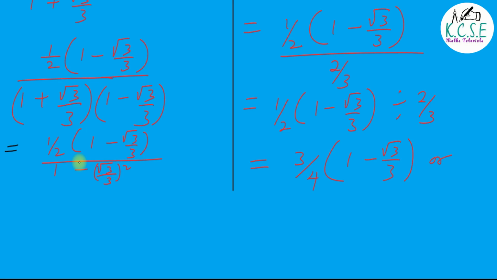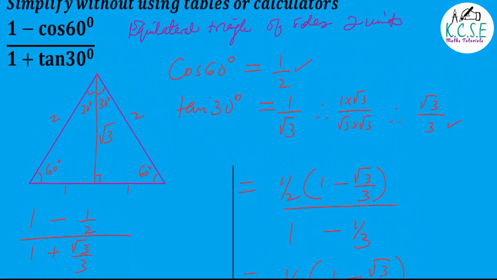Or you can just open the bracket and give the answer as 3 over 4 minus root 3 over 4. So that is the solution. You can give it in these two forms, 3 over 4 bracket 1 minus root 3 over 3, or 3 over 4 minus root 3 over 4. So that is how we're supposed to work out that question.